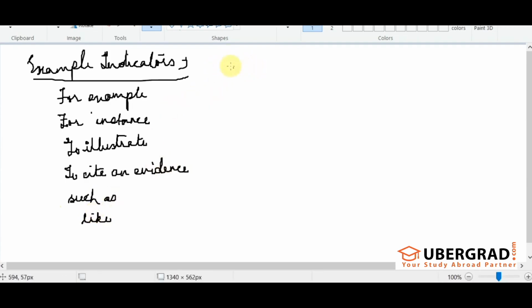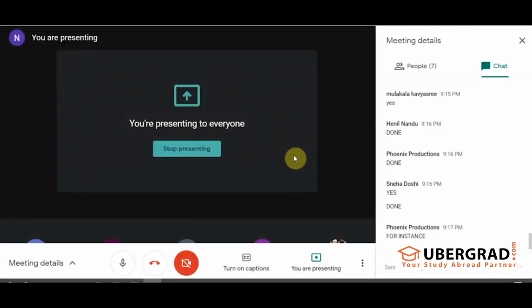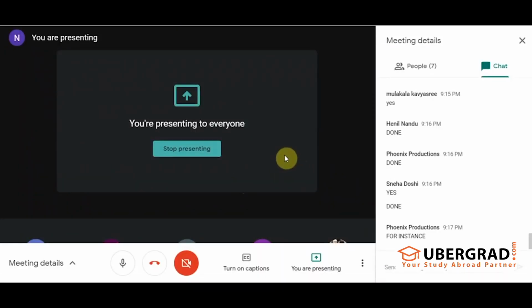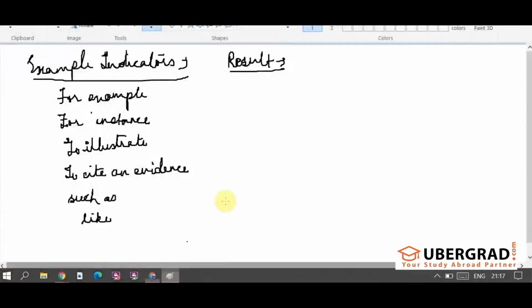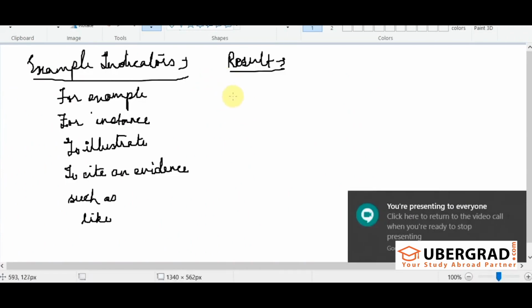Then we have result indicators. Where do we use result indicators? As the last line of a body para. We will use result indicators for starting the last line of the body para. What are result indicators?